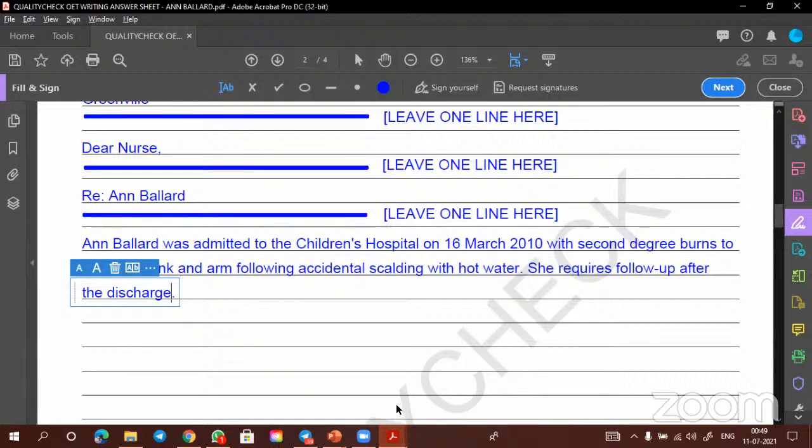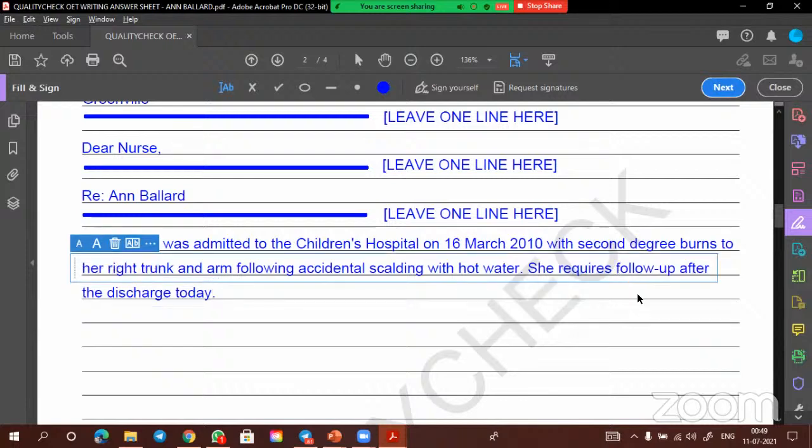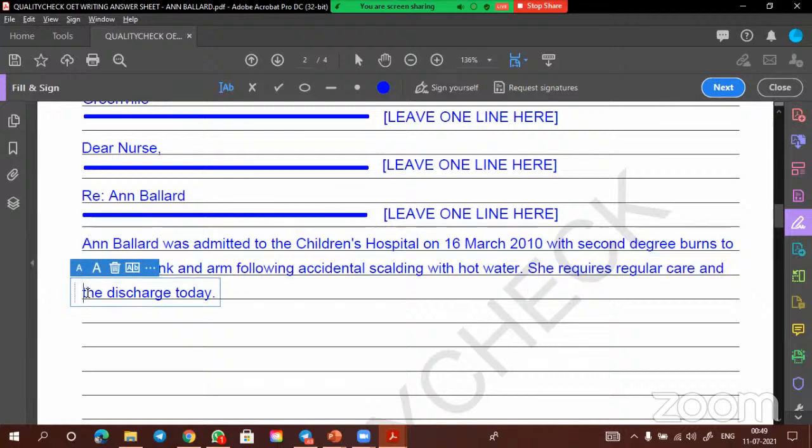So today she requires regular care and observation following her discharge today, or following the discharge today.